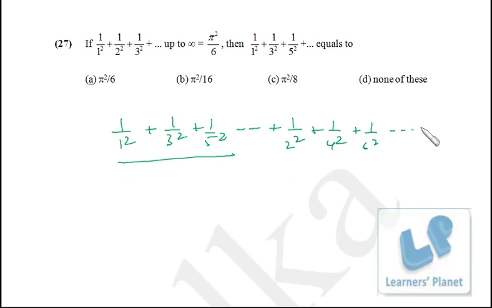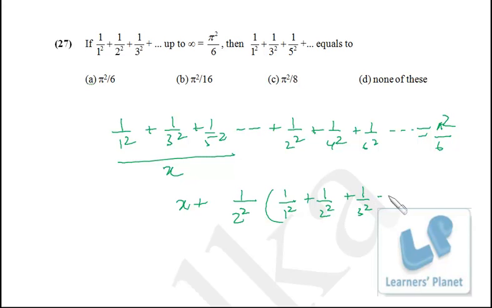Now this entire thing is actually pi square by 6, right? And we have to find out the value of this. Now this is, suppose I assume to be x. So x plus, here if I take 1 upon 2 square as common, what I'll be getting is 1 upon 1 square plus 1 upon 2 square plus 1 upon 3 square, and that is actually pi square by 6.